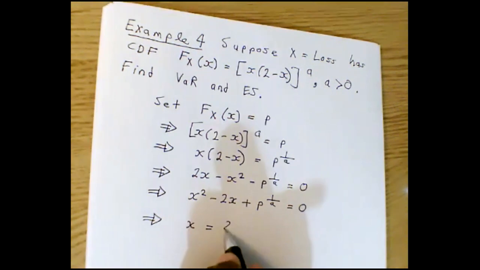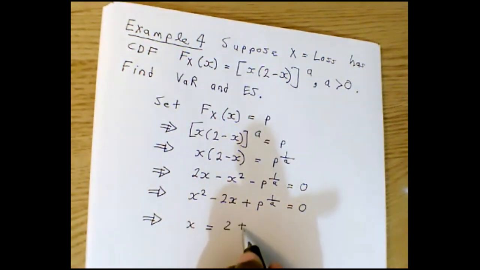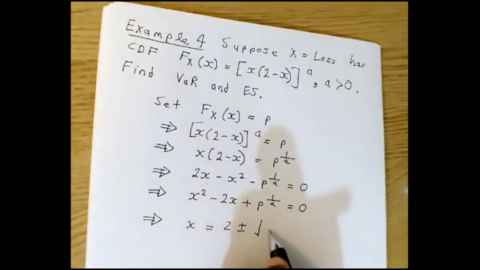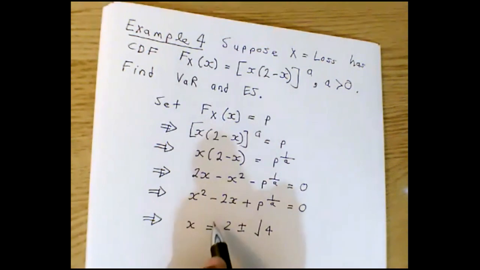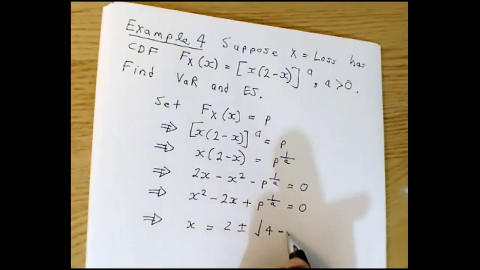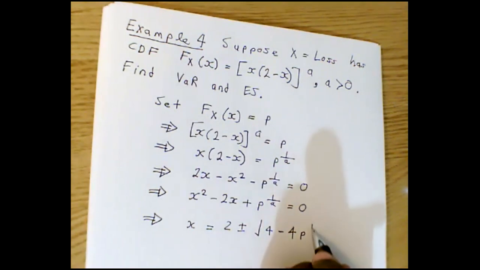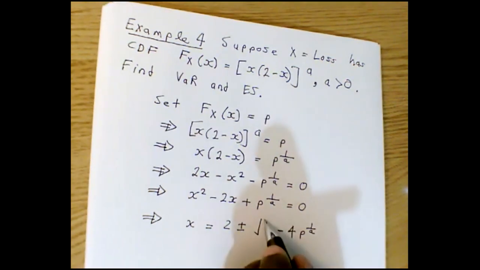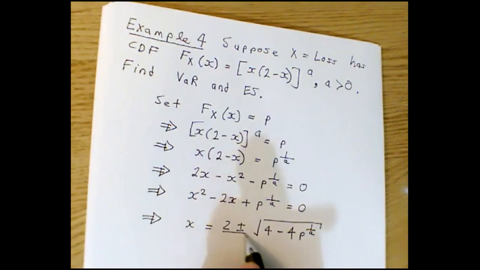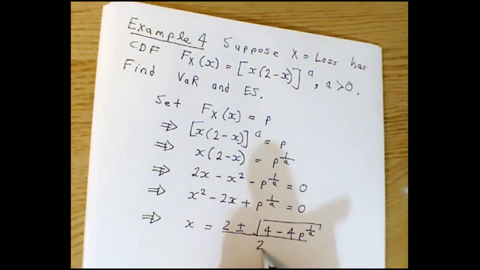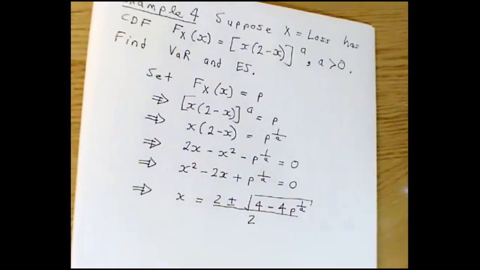Minus p, which is 2, plus or minus b squared, which is 4, minus 4ac, which is 4, divided by 2, right?